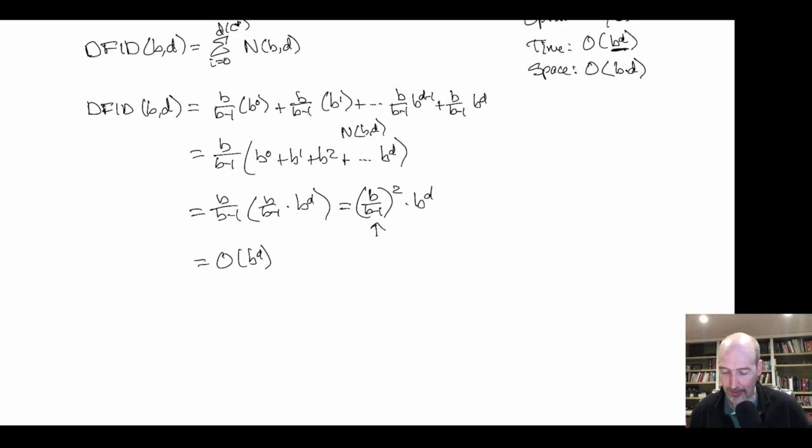And it ends up we can actually show that DFID is both time and space optimal. That is, you cannot get an algorithm that is admissible. That means it's going to find a solution if one exists, or is complete.